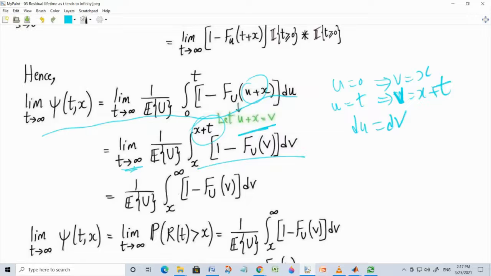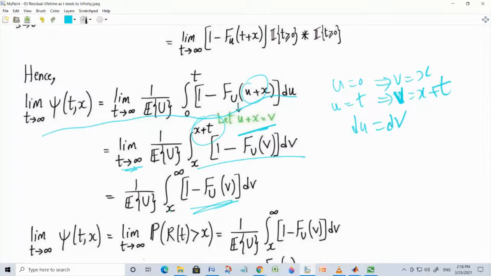Now this is the limit of the complementary CDF. Okay, so it's an integral from x to infinity of something. So the asymptotic complementary CDF is the integral from x to infinity of something. So what is this thing?